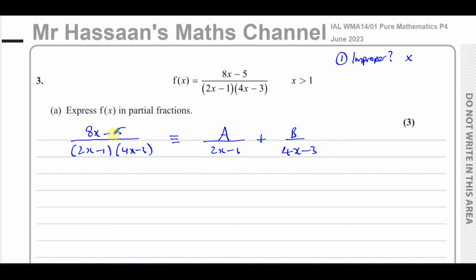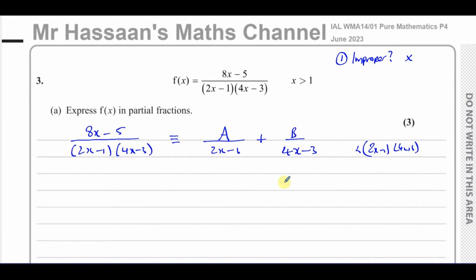All right, so here we have this proper fraction splitting up into two separate proper fractions. It's like the opposite of adding them together. The next step is for us to take this common denominator, which is 2x minus 1 times 4x minus 3, and multiply both sides of the equation by that.